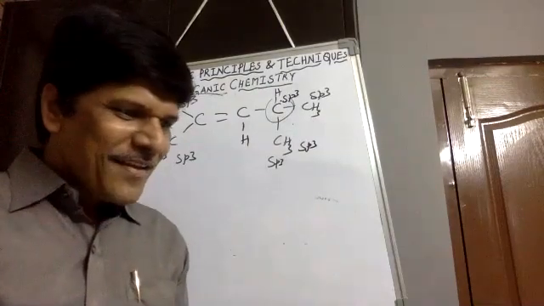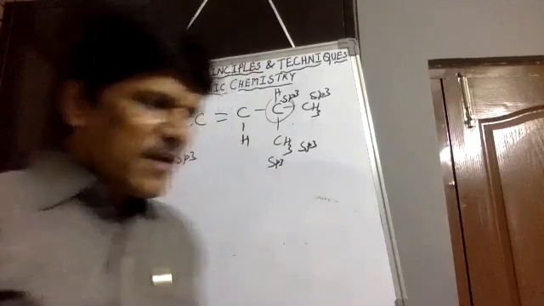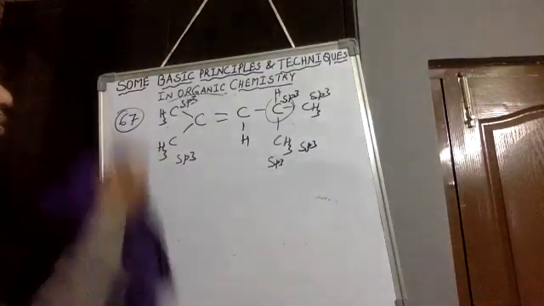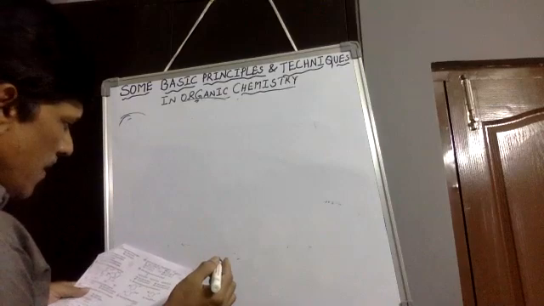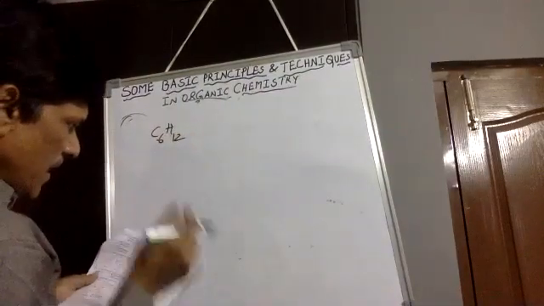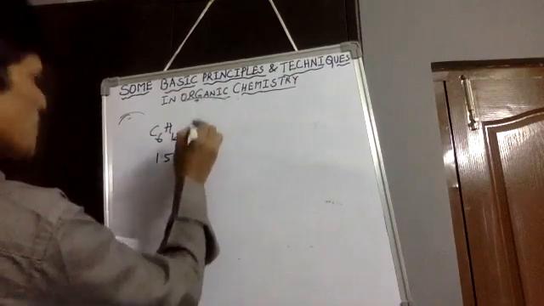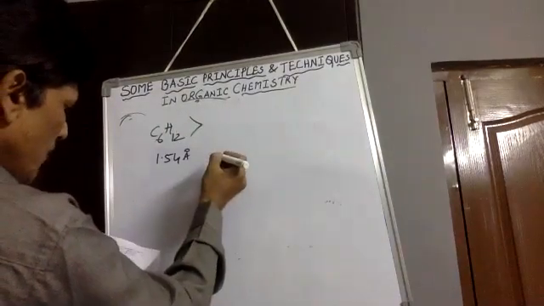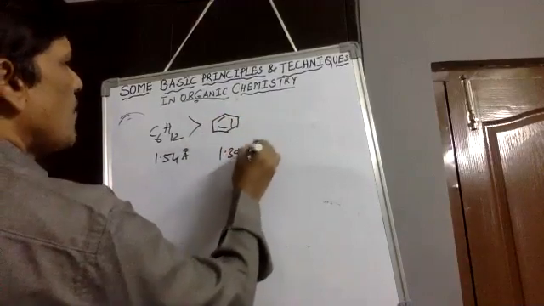Then 69, decreasing order of C-C bond length. Always we would take the order of bond length: suppose we take C6H12, that is cyclohexane, then we could observe in cyclohexane 1.54 angstrom units. Then the third one we would take as benzene. All bond lengths are equivalent, 1.39 angstrom units.